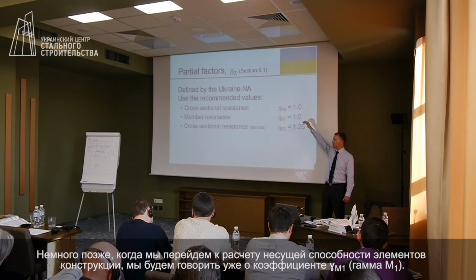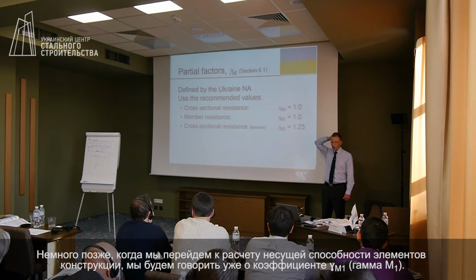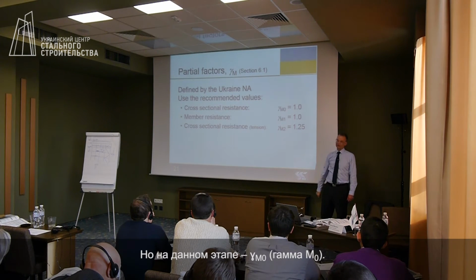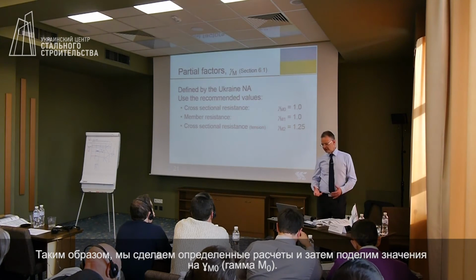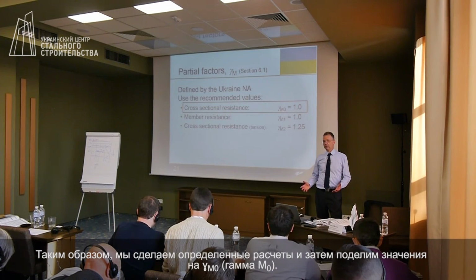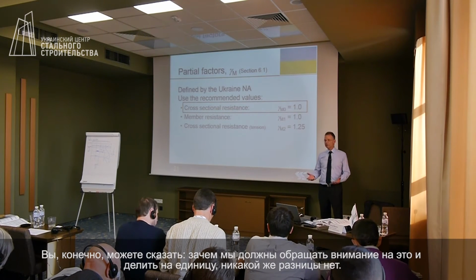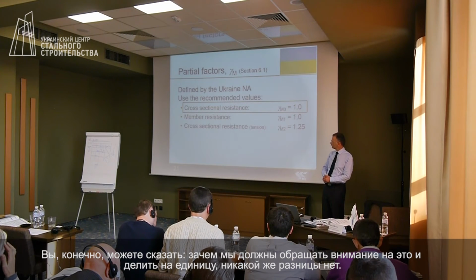Later, when we get on to buckling resistance, we will be interested in gamma M1. But for the moment, gamma M0. So we're going to do some calculation and then divide by a value of 1. And you might say, why have we bothered to divide by 1? It makes no difference at all.